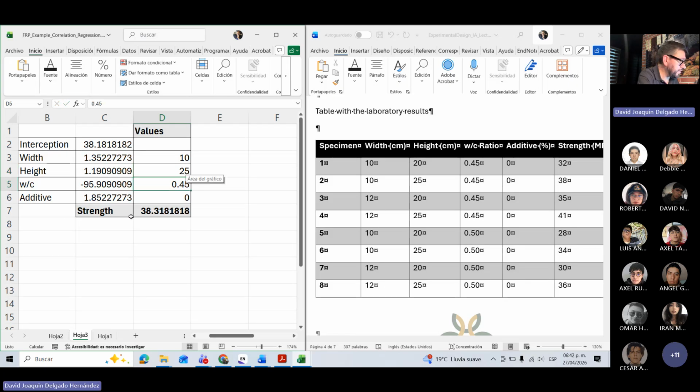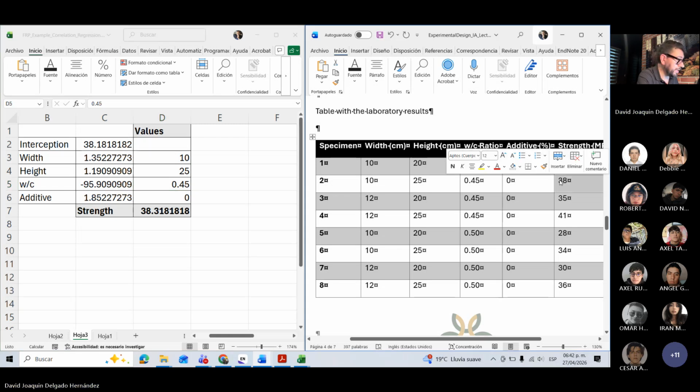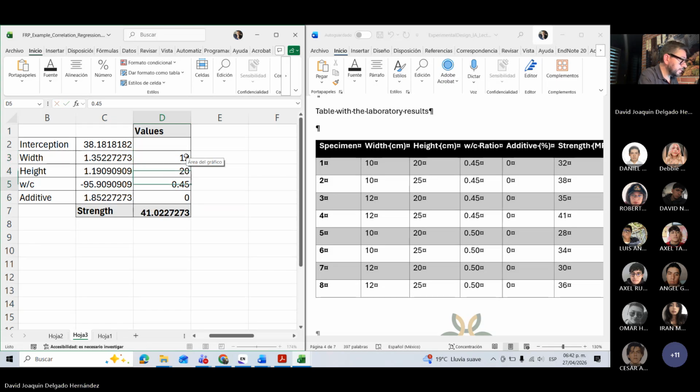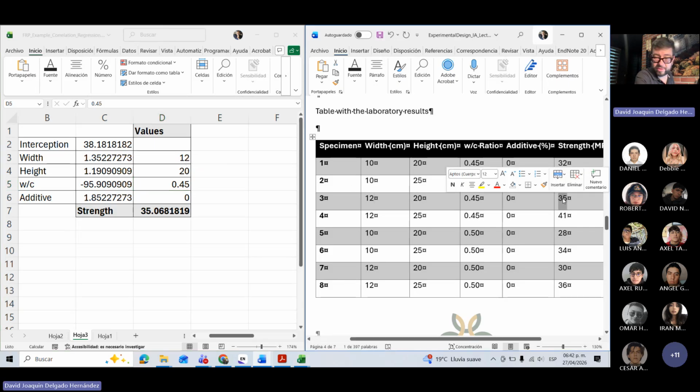So it gives me 38.31, and the value was 38. Okay, now let's try the third. The third is 12, 20, and 0.45. So it gives me 35, and the actual value is as well 35.